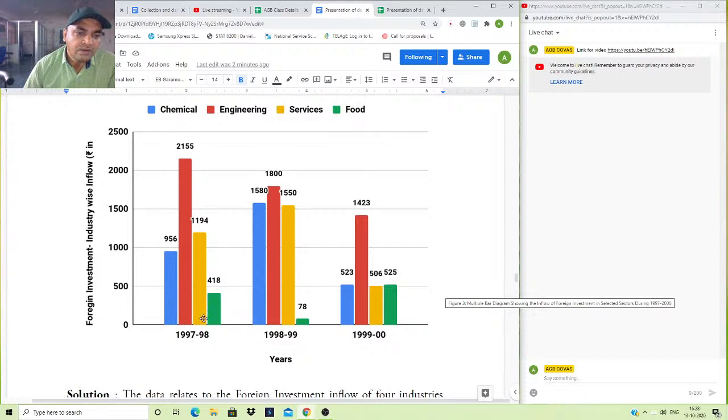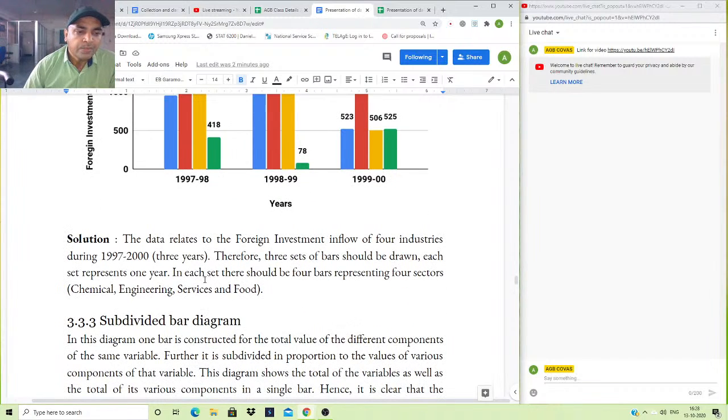And within the same year, the maximum foreign investment was in engineering, followed by services, then chemical. So this is the beauty of the multiple bar diagram, that you can compare within a group, that is within a year, as well as between years for the same variable, for the different variables at the same time. Okay. So this has been shown already.